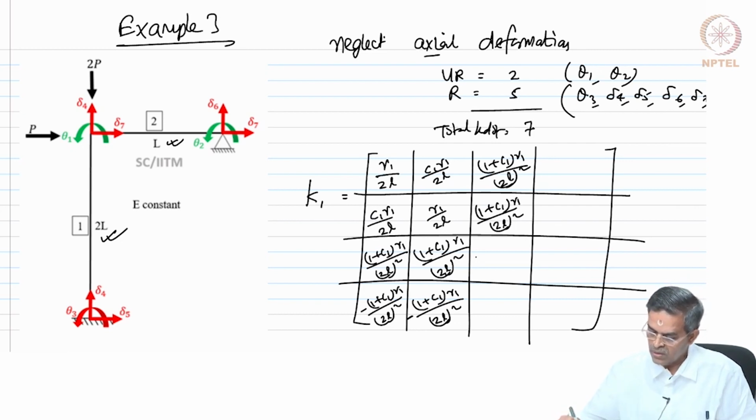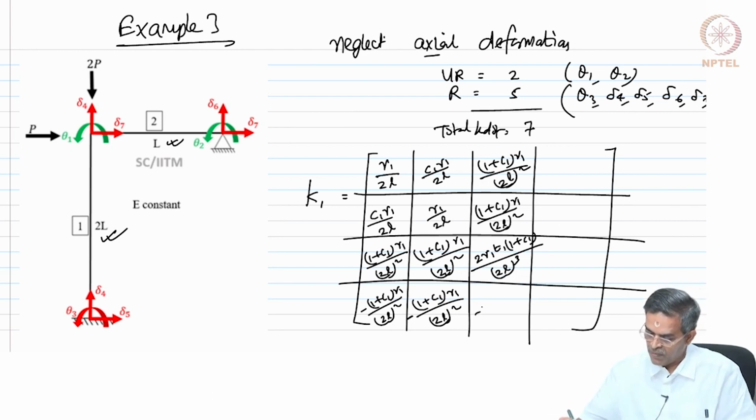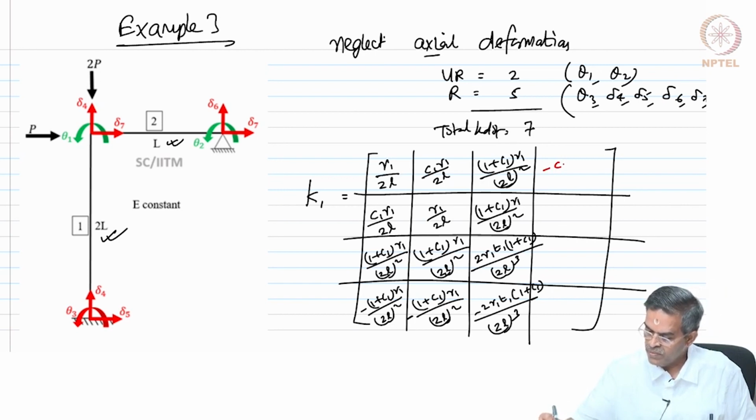The third one is 2 R1 T1, 1 plus C1 by L cube, so I should say 2L the whole cube and negative of this. The fourth column, of course, negative of the third column.